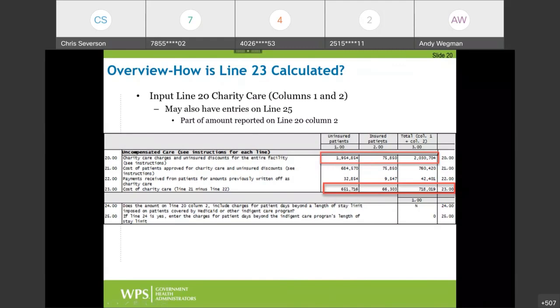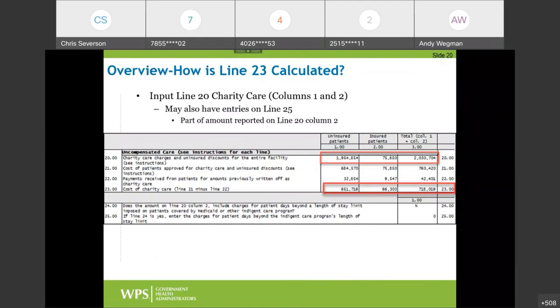Column 2, for the most part, is an insured patient, so it's a co-insurance, deductible, or co-pay. So for the most part, it's not reduced by a cost-to-charge ratio.